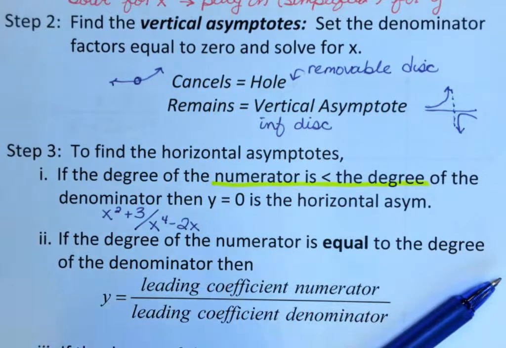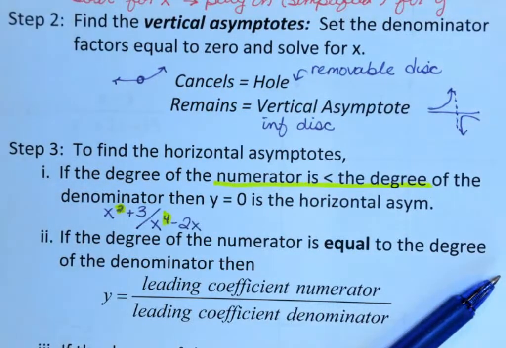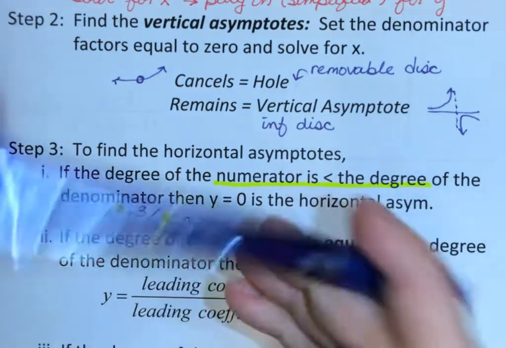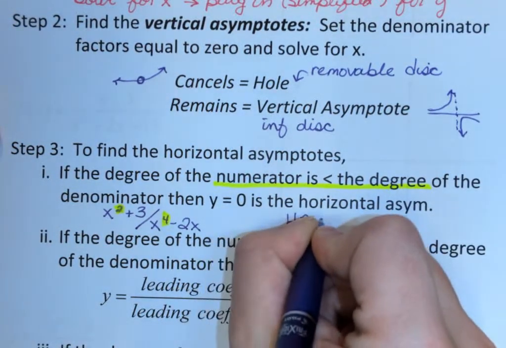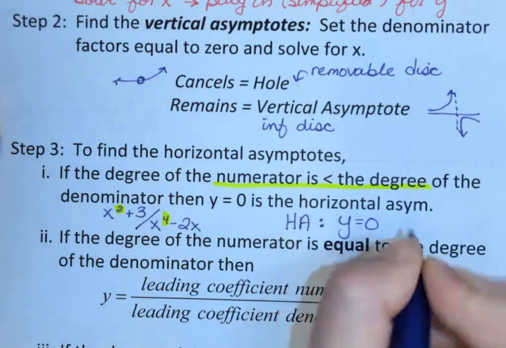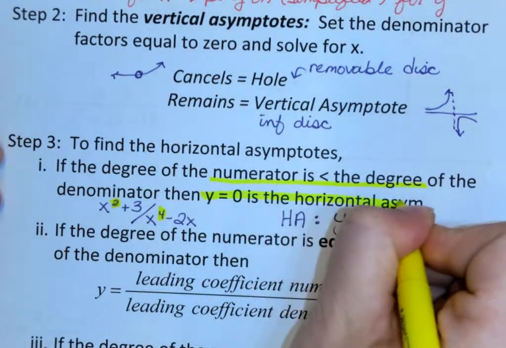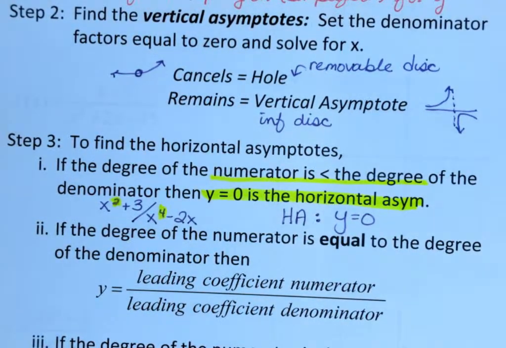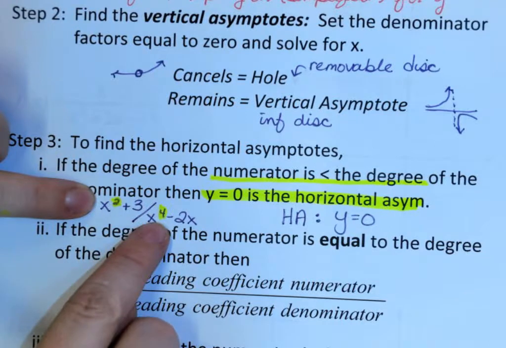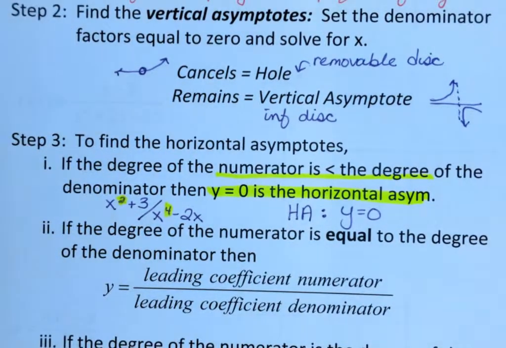The degree of the top is less than the degree of the bottom, 2 is less than 4, right? When that's the case, our horizontal asymptote is at y equals 0. Very important there. When the top is smaller than the bottom, you have a horizontal asymptote at y equals 0.